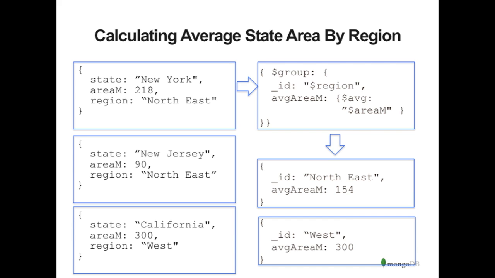And then we do the group and we calculate the average area. So what MongoDB does is find all of the documents that belong to the Northeast region, perform the average, and add that number to the average area field, and then find all of the documents in the Western region, perform the average, and add that to the average area field.